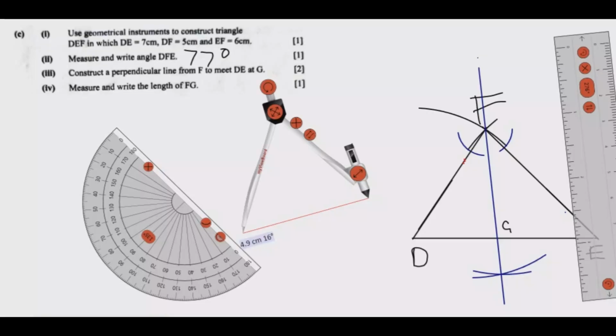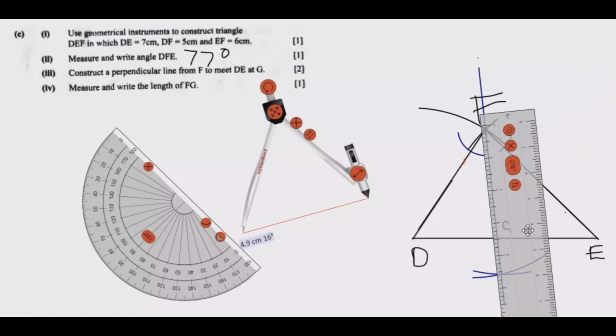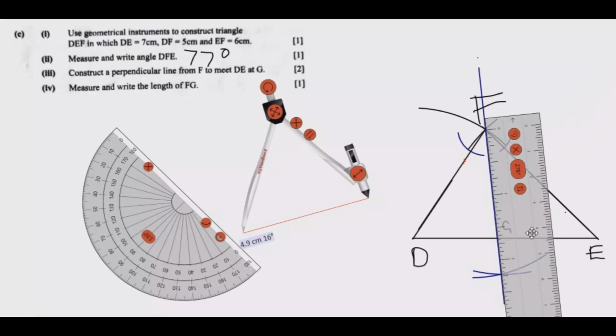Okay, now once we have done this, the next point is measure and write the length of FG. So this same line we have constructed, the perpendicular line, we measure it and we write the measurement. Okay, so we make sure we put 0 at the top there, and then we measure that line. Let me use this side.